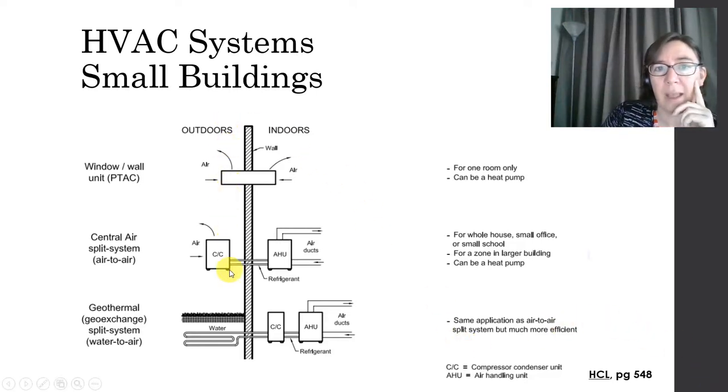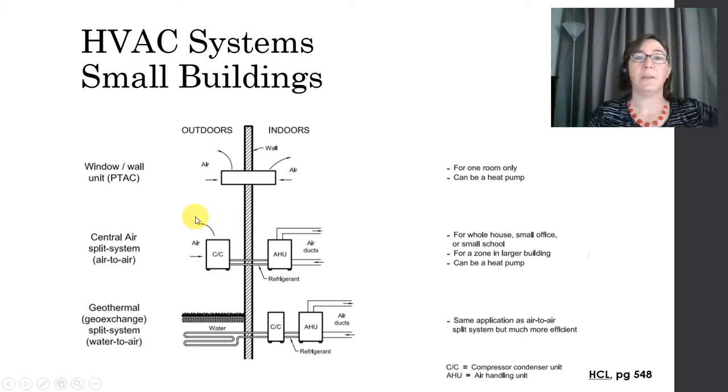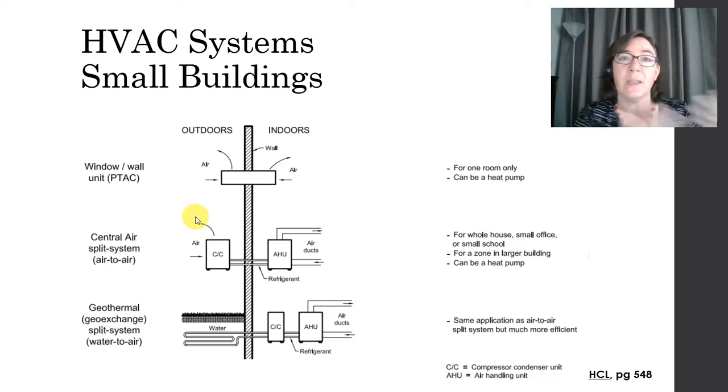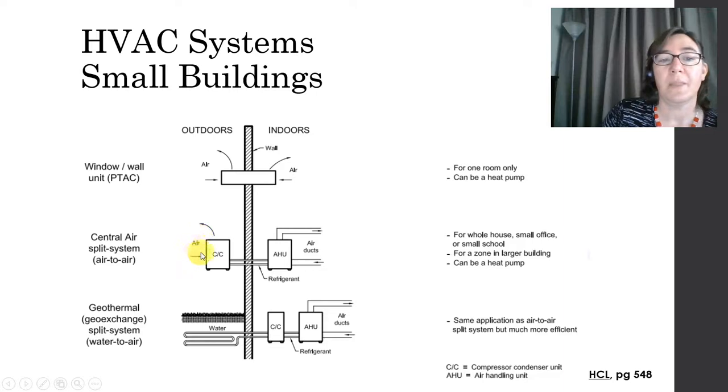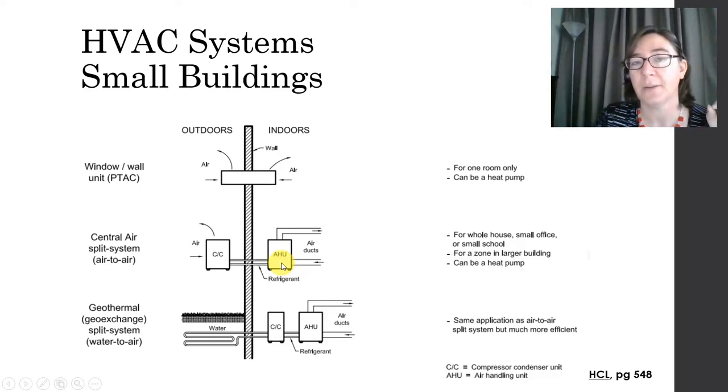On our outside, all right, we have a compressor and a condenser unit, right? And that is being air cooled, and therefore our heat is being sunk or rejected into the outside atmosphere, all right? On the inside of the house or building is our air handling unit. Right, take a look. They've got some abbreviations here if you need those. Air handling unit.